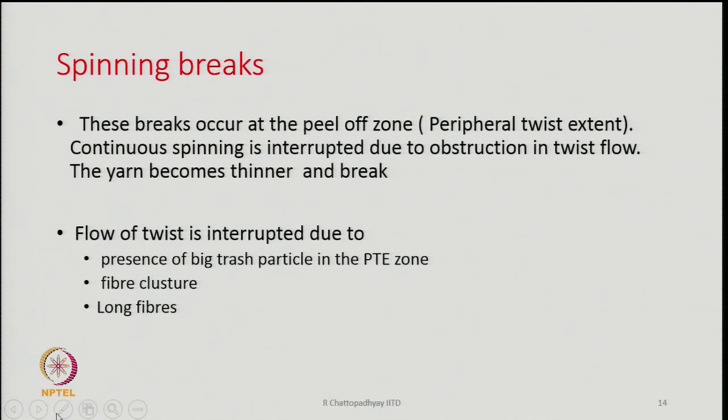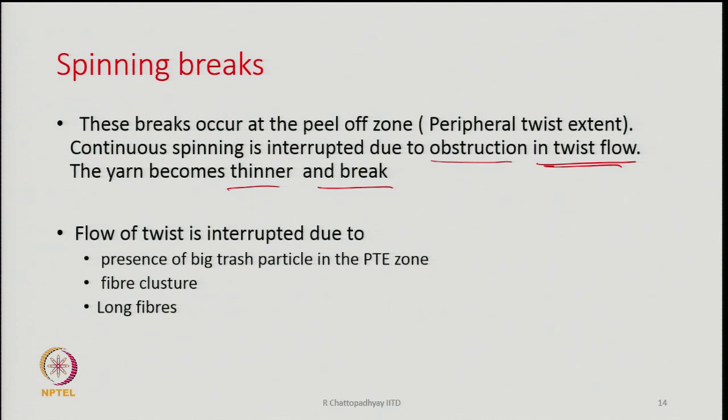Now, spinning breaks occur in the peel off zone. Continuous spinning is interrupted due to obstruction of twist flow. So, if there is obstruction of the twist flow, then this is going to happen. The yarn becomes gradually thinner and the spinning will discontinue.